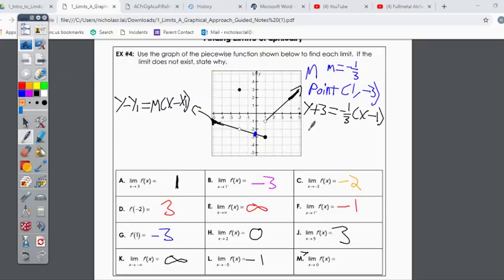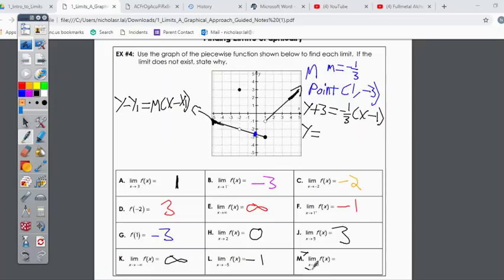This will be y is equal to negative 1/3 times x minus 1 minus 3. So y plus 3 equals negative 1/3 times x minus 1.